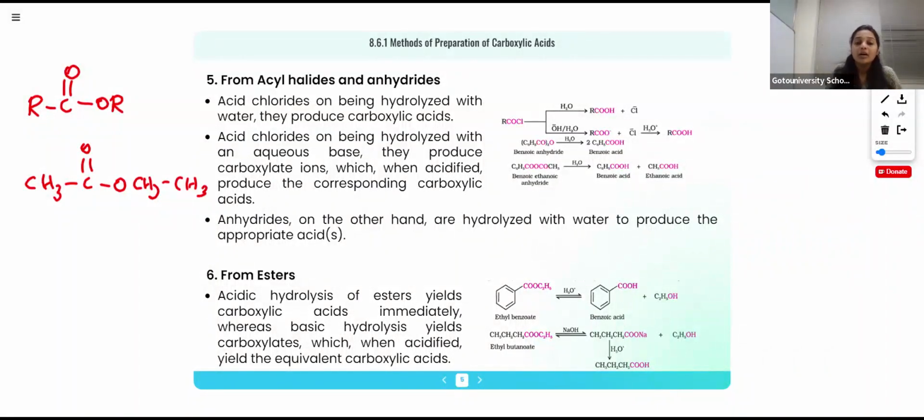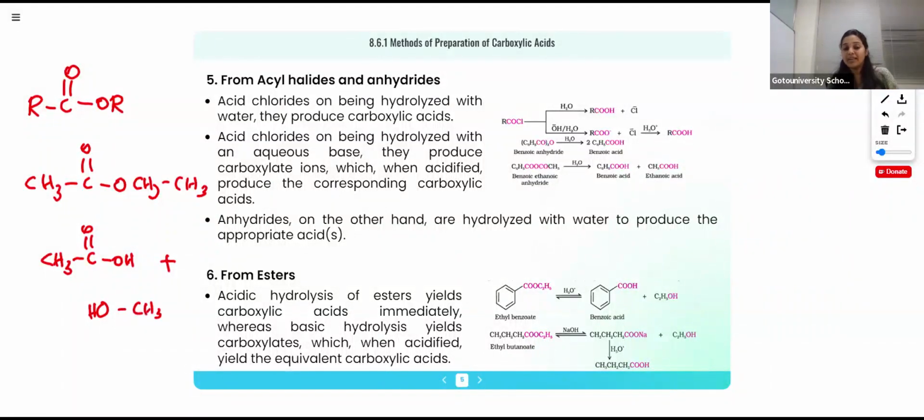How are the esters produced? When an acid reacts with an alcohol, by the removal of a water molecule, the ester is produced, right? I will tell you with an example. I am taking ethanoic acid, CH3COOH, plus methanol, which is CH3OH.